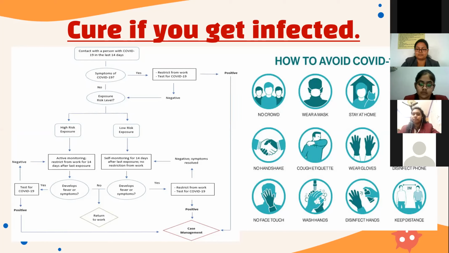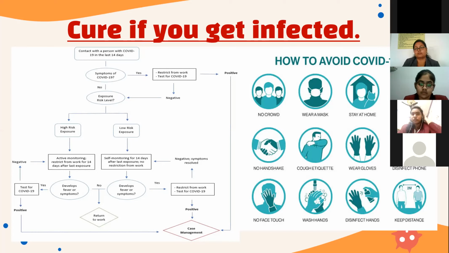Here are certain precautions that you should follow. Isolate yourself in a well ventilated room. Use a triple layer medical mask or discard the mask after 8 hours of use or earlier if it becomes wet or visibly soiled. Masks should be discarded only after disinfecting them with 1% sodium hypochlorite.